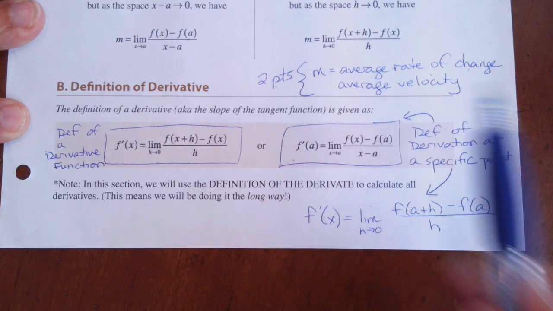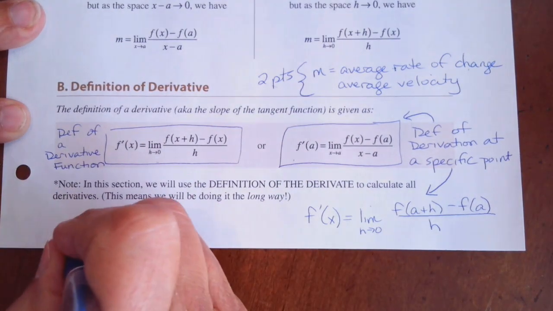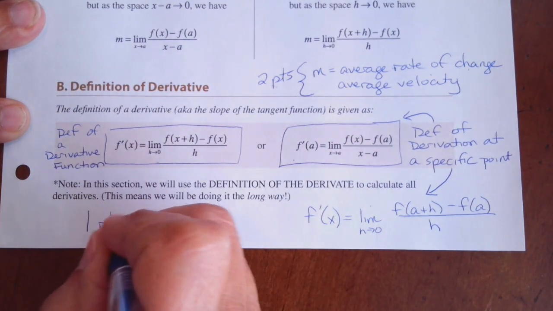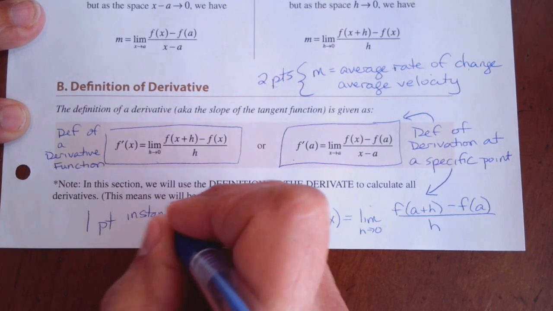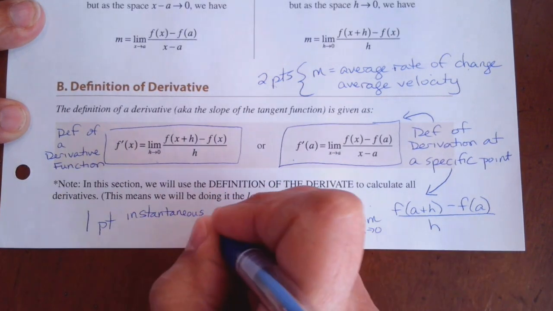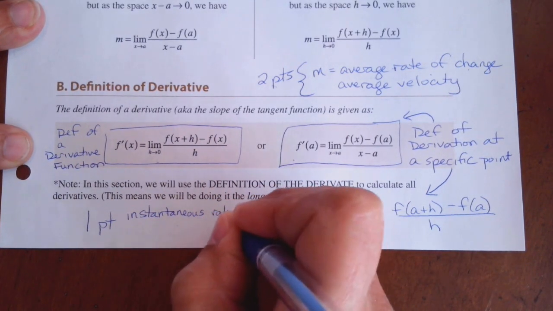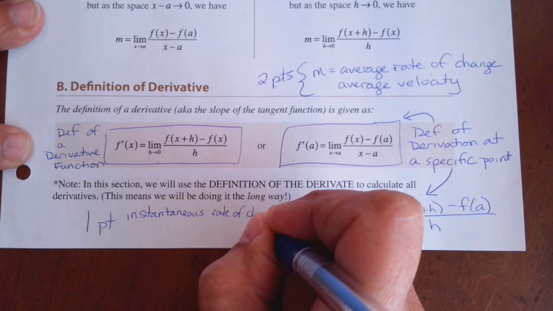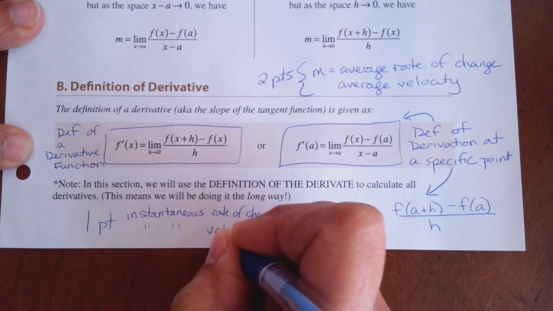But when we only have 1 point, then that's going to be instantaneous. That's going to be the instantaneous, if I can write and talk. Okay, it's instantaneous rate of change. And also the instantaneous velocity.